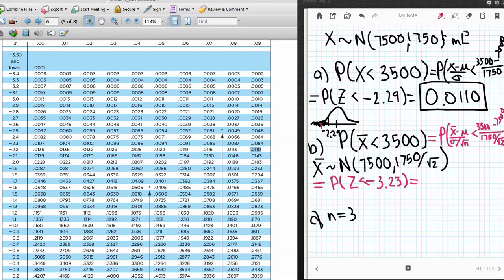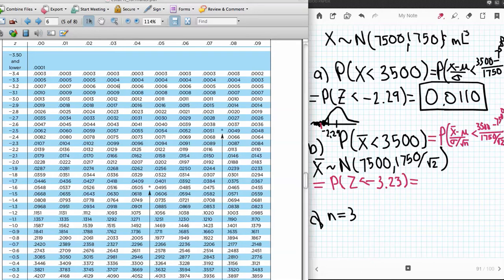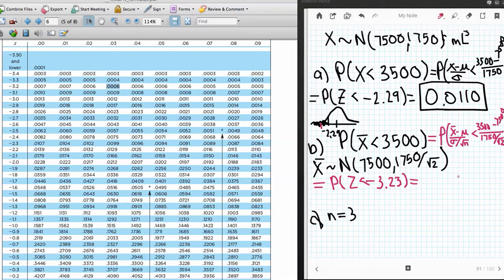So a negative 3.23, and that gives me this value right here. So now I have a probability of 0.0006. So the probability this time is smaller than it was the last time.